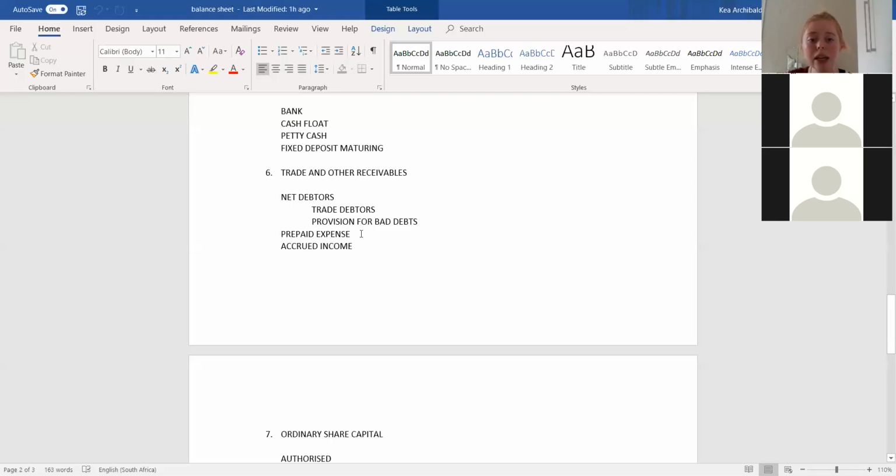Prepaid expense, this is something where the business has decided to pay early for one of their expenses. The most common would be rent expense or water and electricity. And generally you'll have to use a calculation to get your amount.